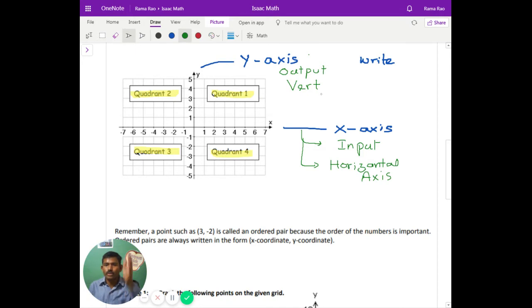Vertical means it goes up and down. There's another pair of names: independent and dependent. This is independent, and this is dependent.